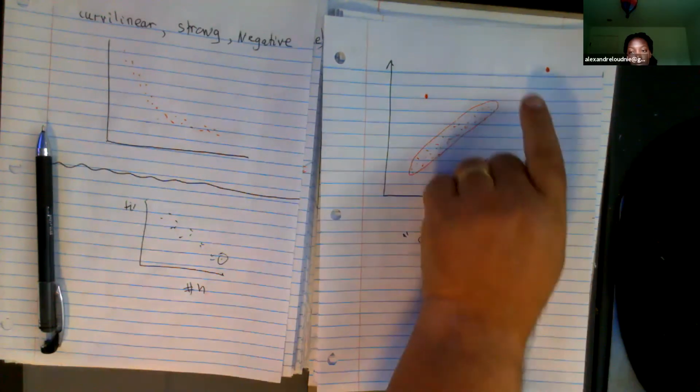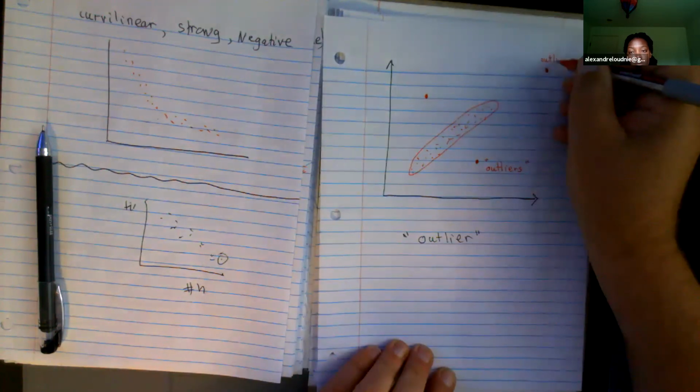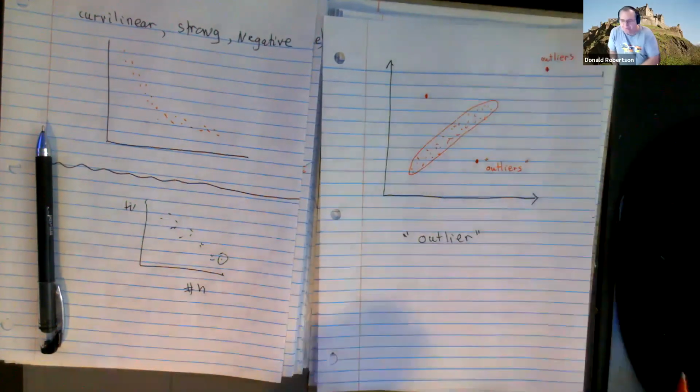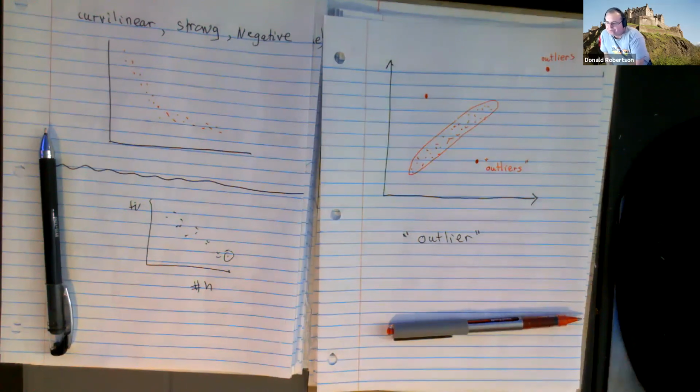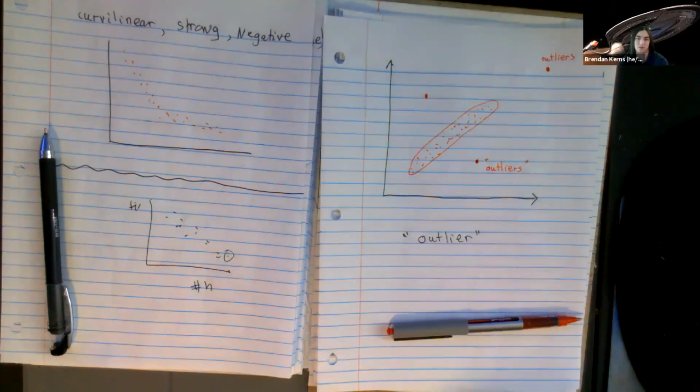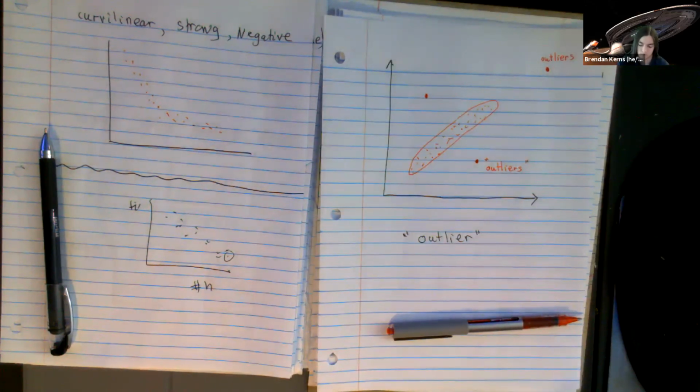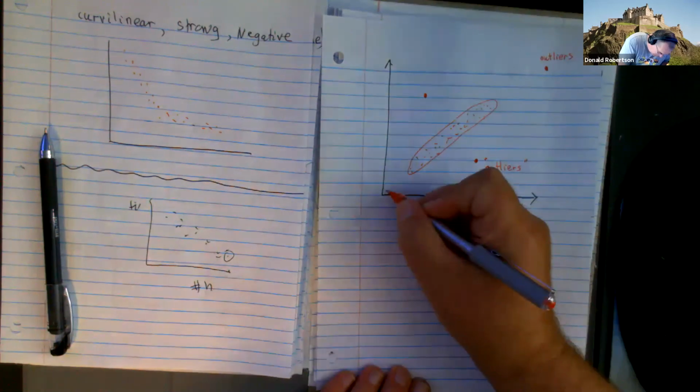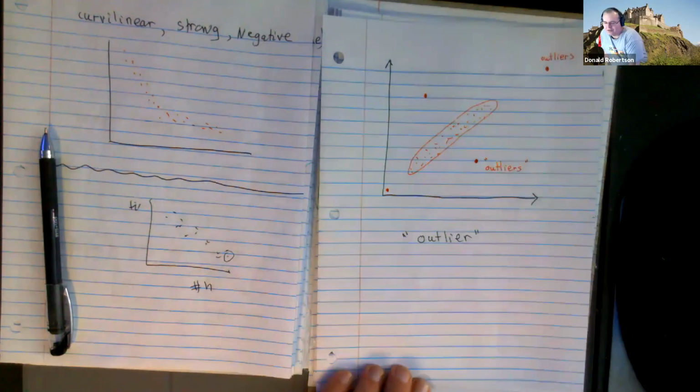But what makes him an outlier? There's a lot of space between it and the rest of the data. Agreed? A little bit less room, but can we call that guy an outlier as well?